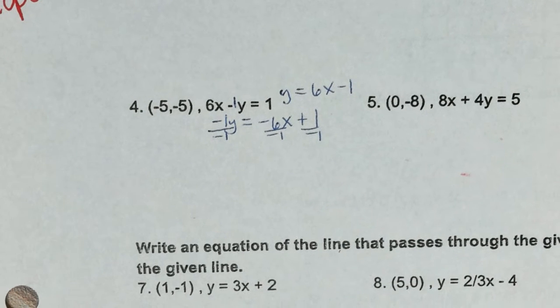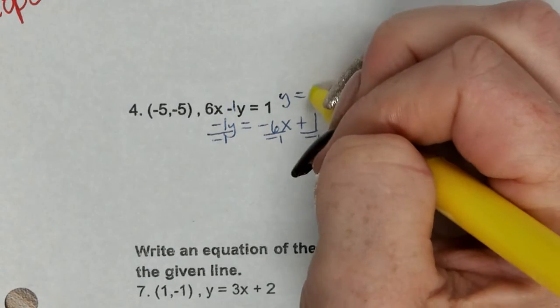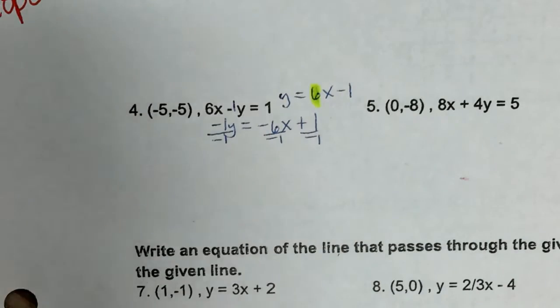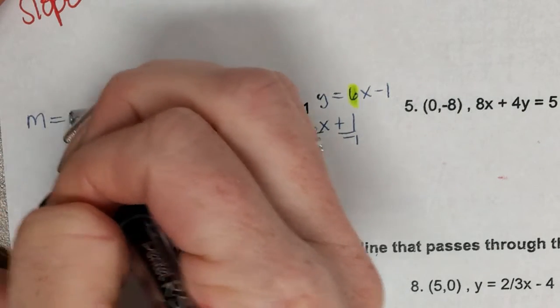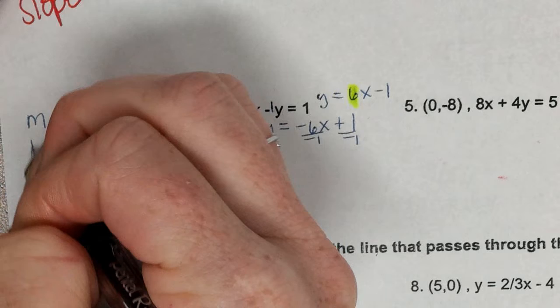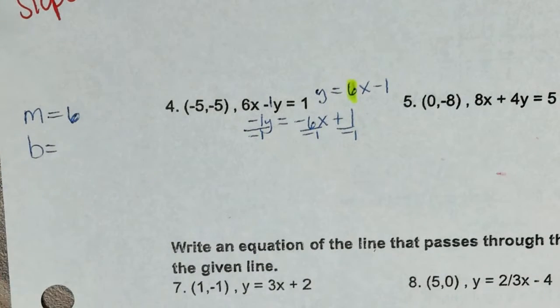Are we good? All right, so I need to identify the slope. What is the slope? All right, so I have a slope of 6, but what do I need to solve for? The b.